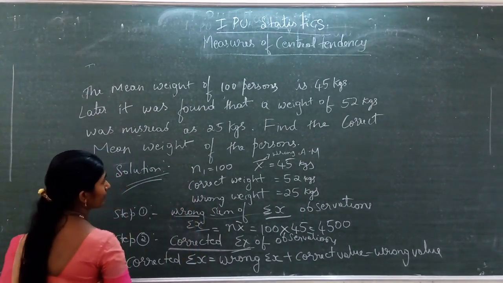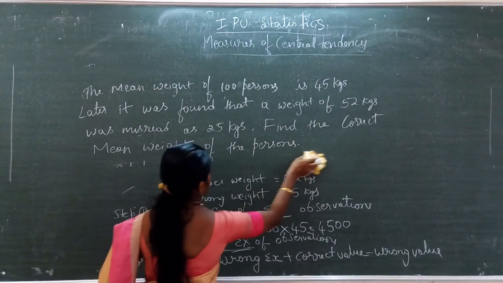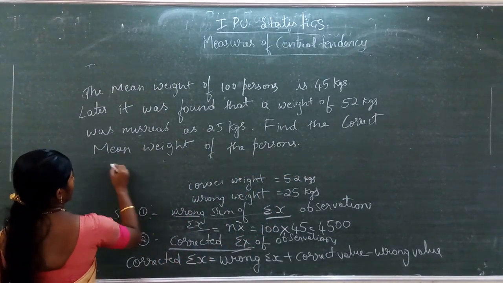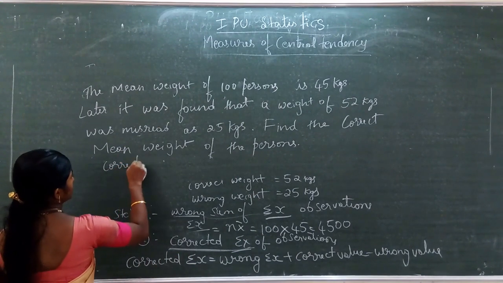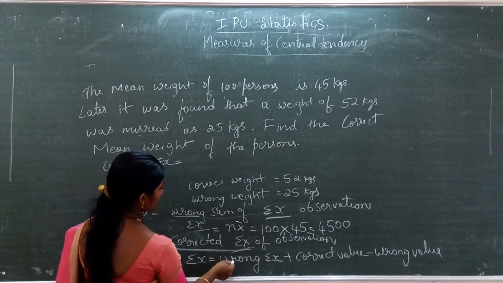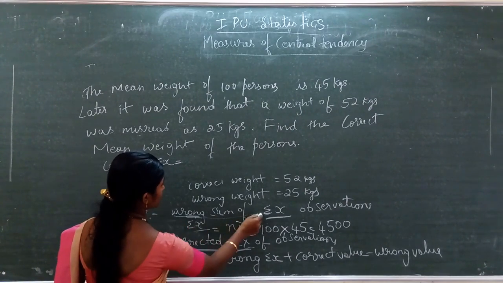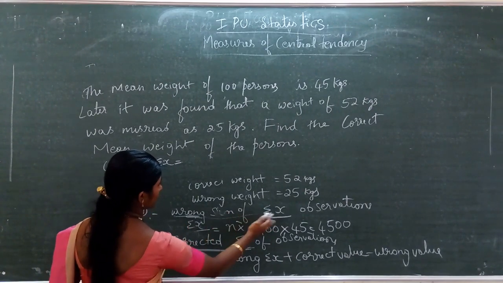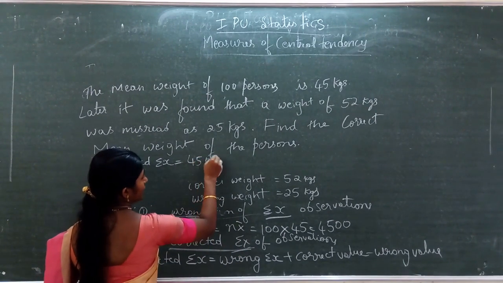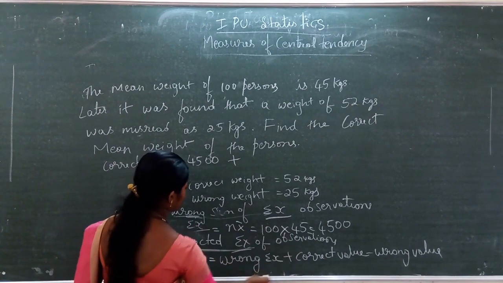Now we are going to find out the corrected summation x. The wrong summation x is 4500, plus the corrected value.